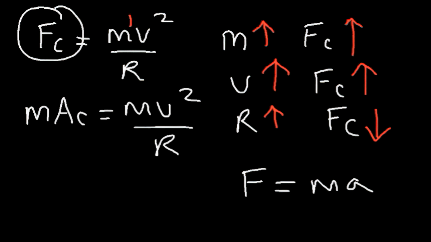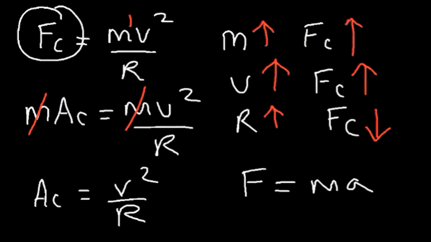If we divide both sides by m, we can see that the centripetal acceleration is v squared divided by r. Like the centripetal force, the centripetal acceleration always points inward towards the center of the circle. Sometimes you might see that as a test question, so make sure that you are aware of that fact.